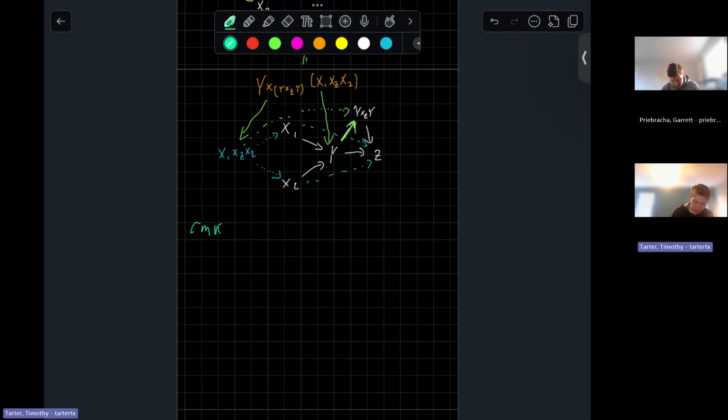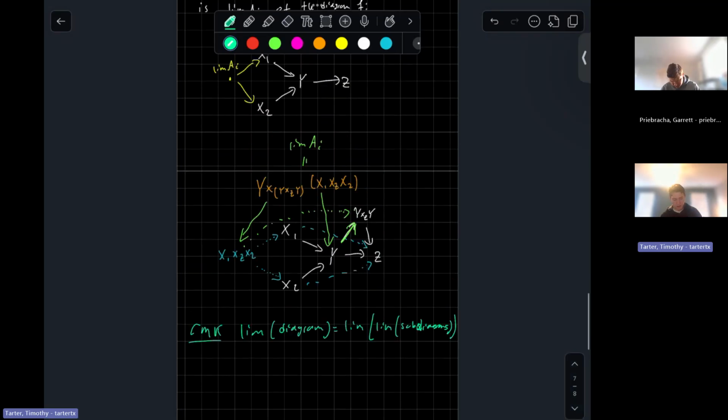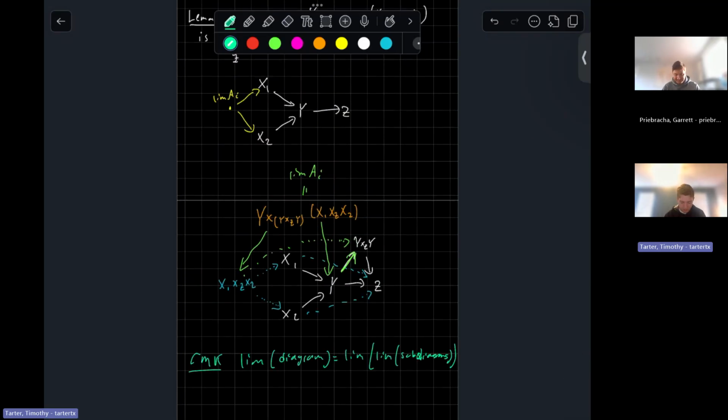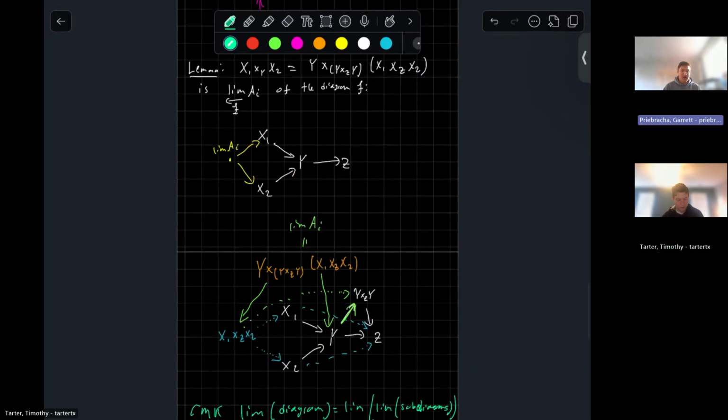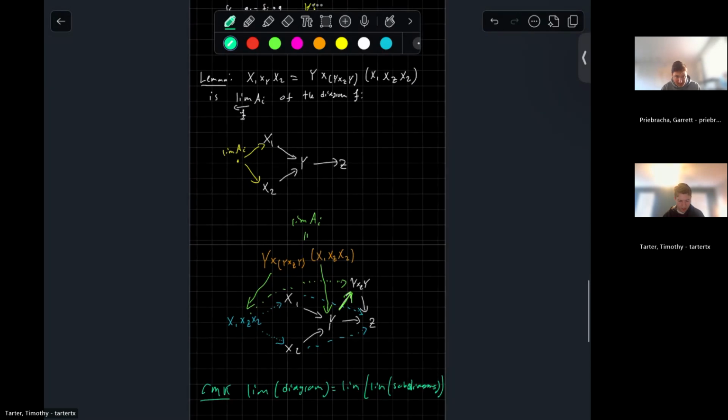So, remark: the limit of a diagram is equal to the limit of the limits of subdiagrams. I think that makes sense. Can I just draw out the thing? Could you give me a second?